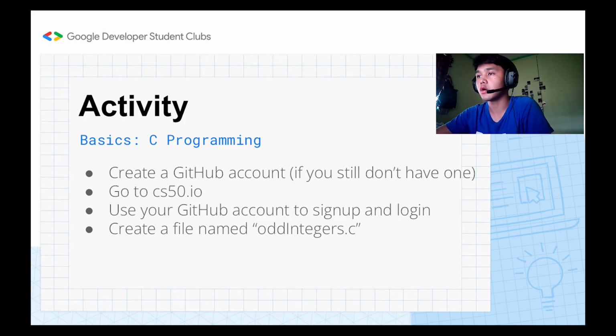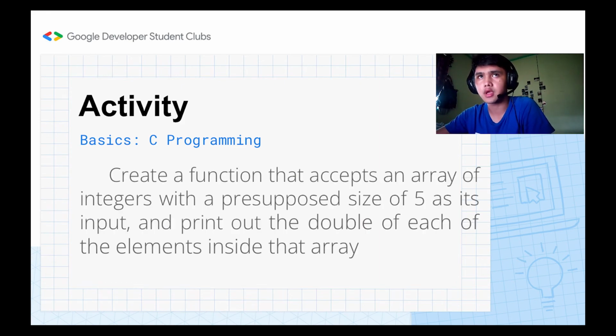And once you're there, I want you all to make a file named odd integers followed by .c, and within that C file, I want you to make a function that accepts an array of integers with a presupposed size of 5 as its input, and use a for loop or any of the two loops that we discussed to traverse through it and print out the double of each of the elements inside that array, each separated by a space.